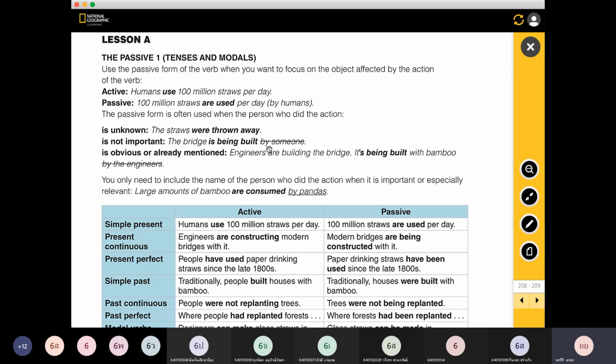We use passive because the subject is unknown, or you can say the subject is not important. And the last one is that we use the passive because the subject is obvious or already mentioned.